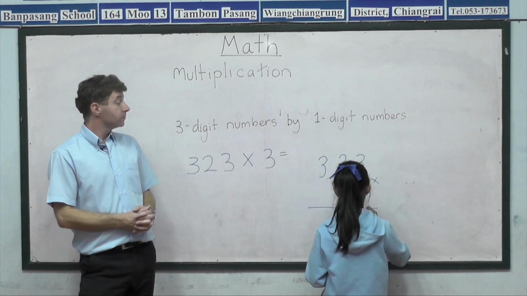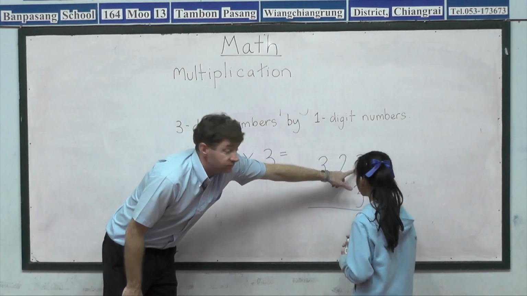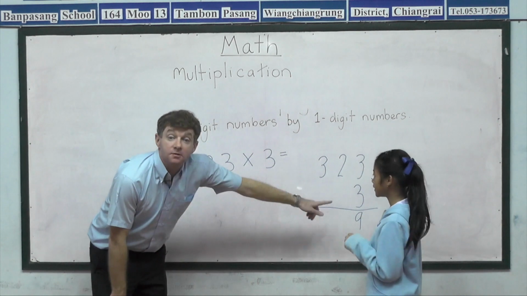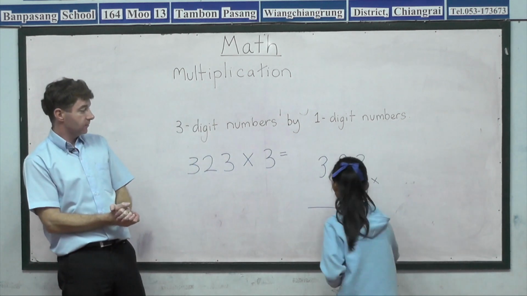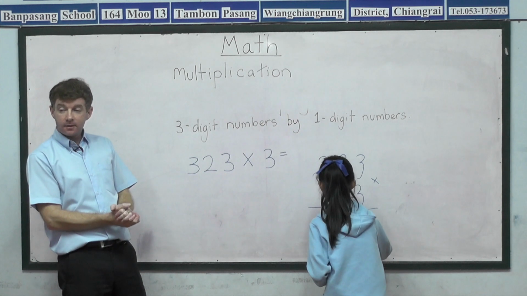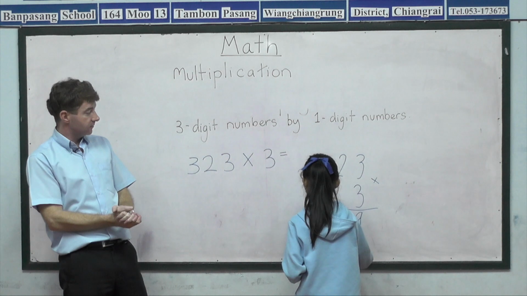So step 1, 3 times 3 equals 9. 2 times 3 equals 6. 3 times 3 equals 9.